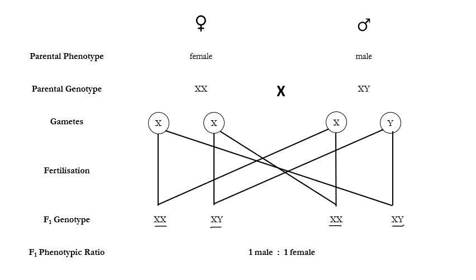So in actual sense, we are saying that of a possible 4 children, 2 of them are going to be females and 2 of them are going to be males. That's why the phenotypic ratio of the monohybrid crossing of a male and a female is 1 male to 1 female. Thank you.